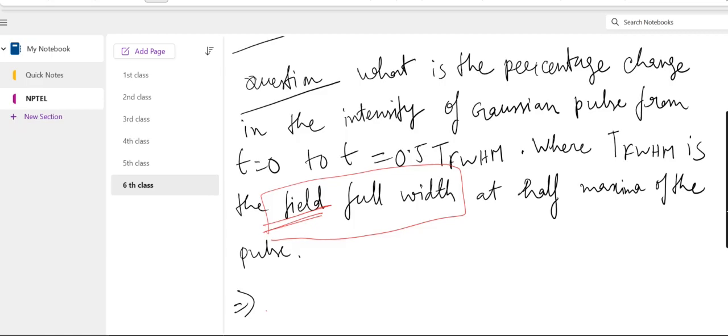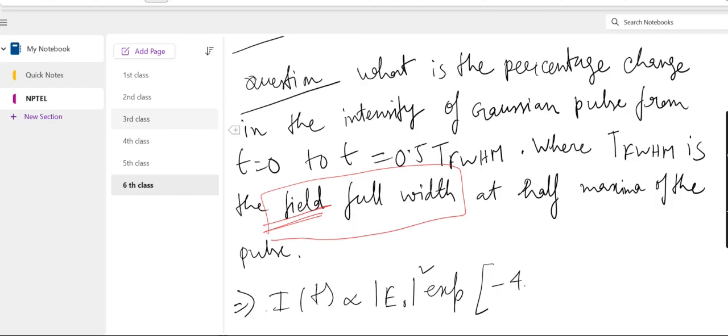The function I(t) is proportional to, there are some coefficients involved, E naught whole square exponential minus 4 ln 2 t by tau FWHM whole square.